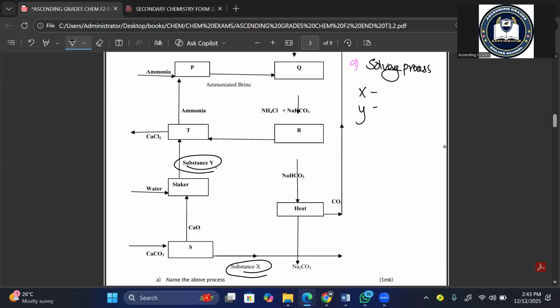So our X will be carbon (IV) oxide. Then Y is carbon (IV) oxide? You are saying X is what?